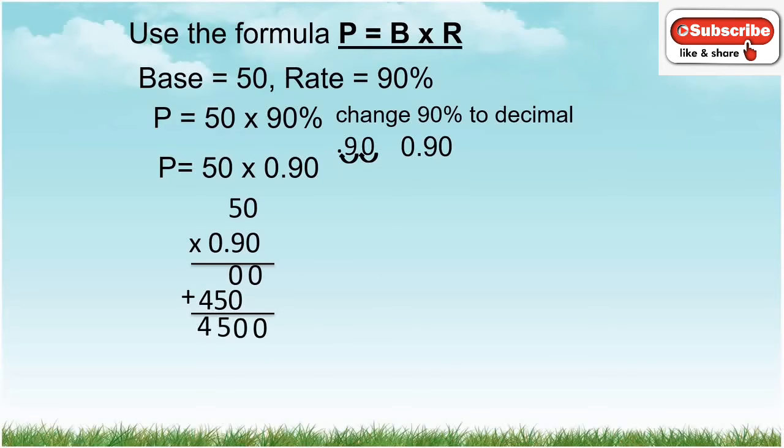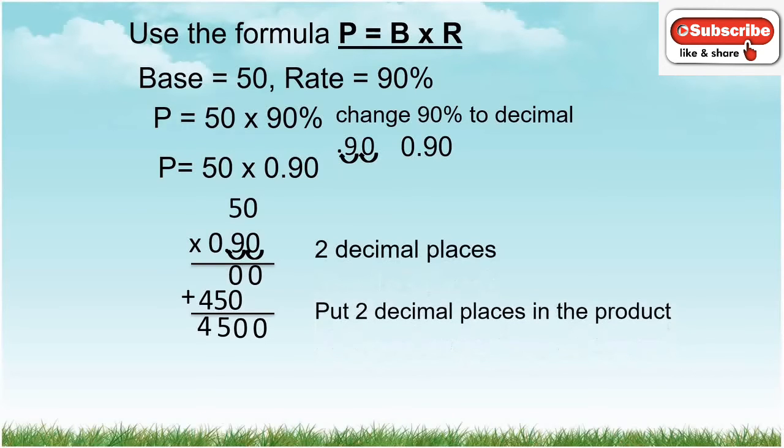Bring down 5 and bring down 4. Count the decimal places in the factor. There are 2 decimal places in the factor. Put 2 decimal places in the product and indicate the decimal point. So, the percentage is equal to 45.